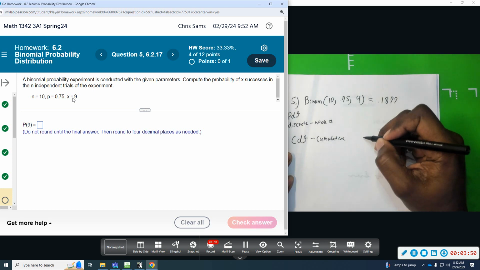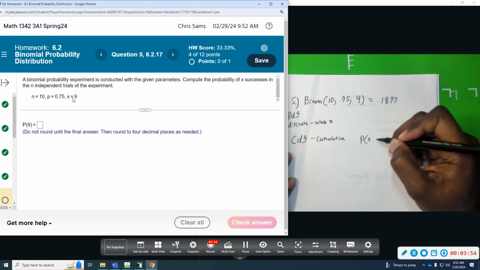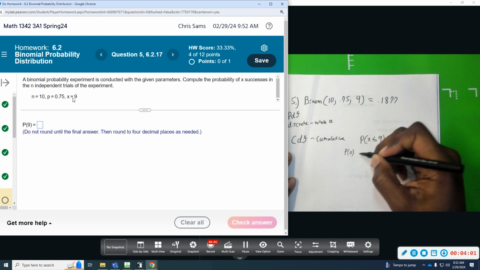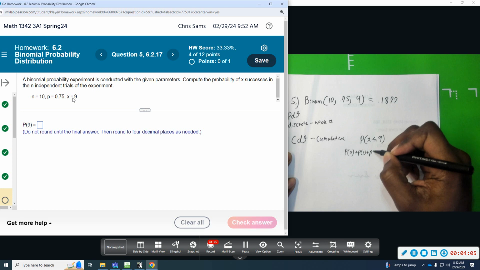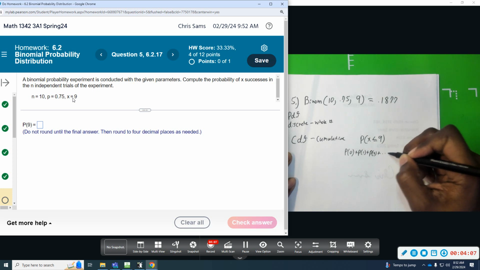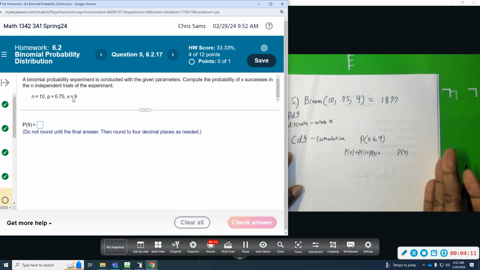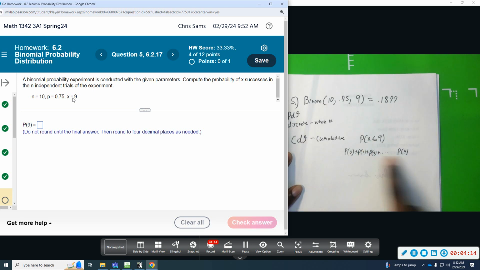The table is showing you the probability of 0 plus 1 plus 2 all the way up to 9. It's already added them up together. So when you see 9, it's 0 through 9.